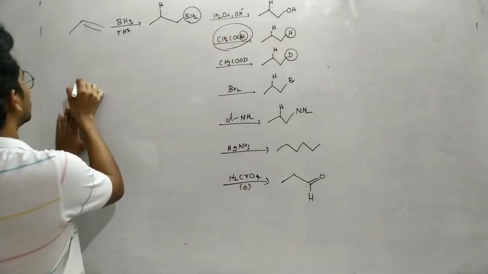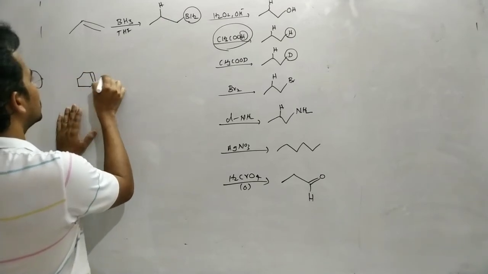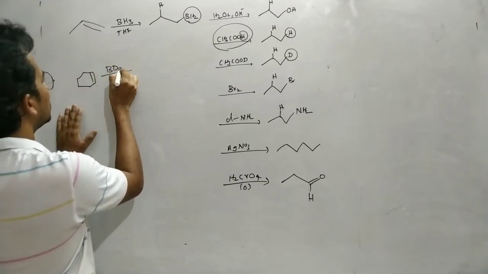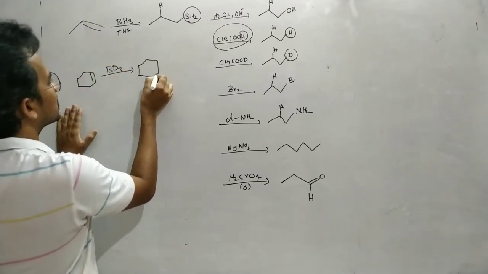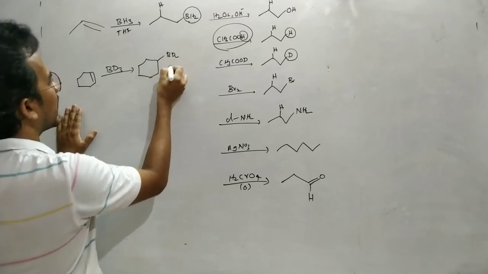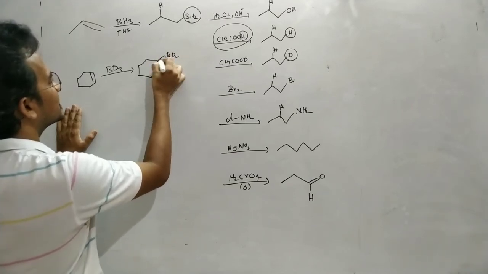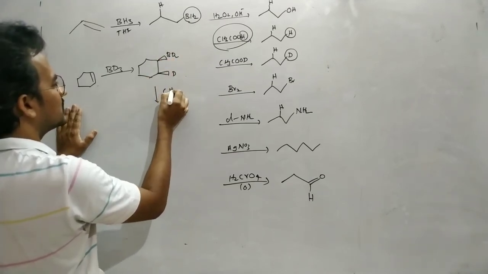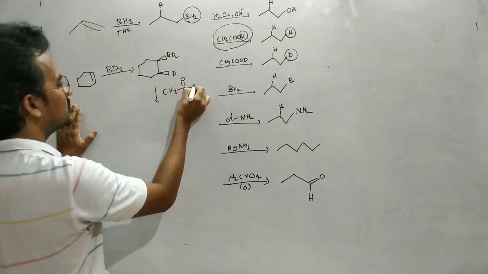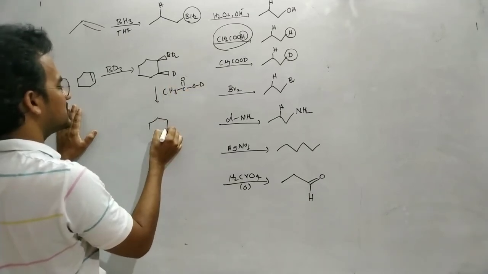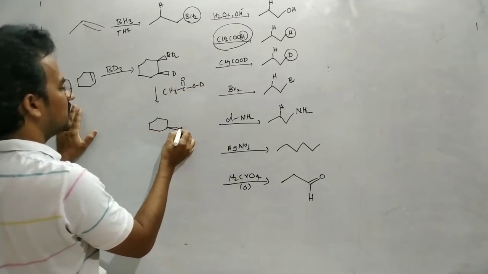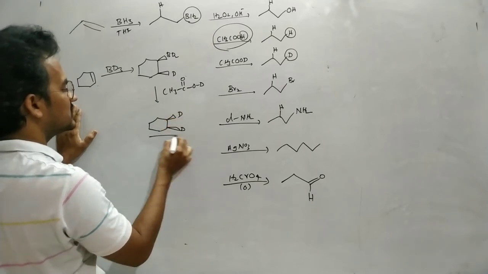First suppose this cyclohexene on reaction with BD3, the first addition of BD2 and D is a syn addition. Now this one on reaction with CH3COOD, as a result, here D and here D is a syn addition.